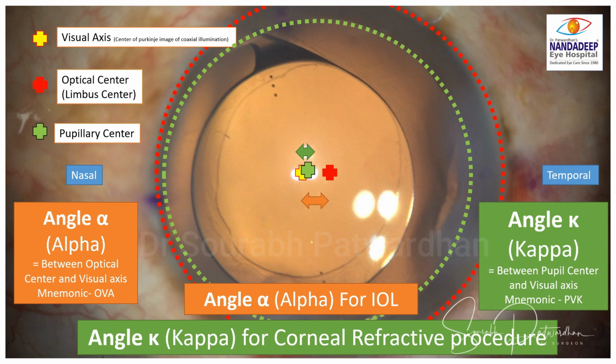So this is the simplification of these terminologies, and of course you can go and read more about it, because many of these markers, for example the Purkinje image or center of the Purkinje image, are more like surrogate markers. They just tell you where approximately the visual axis is going to be.